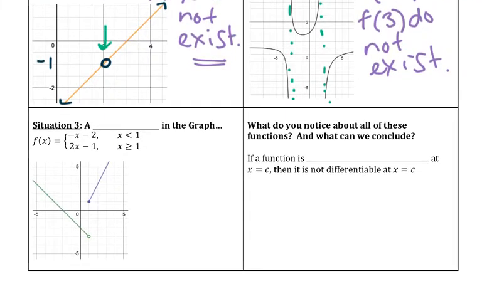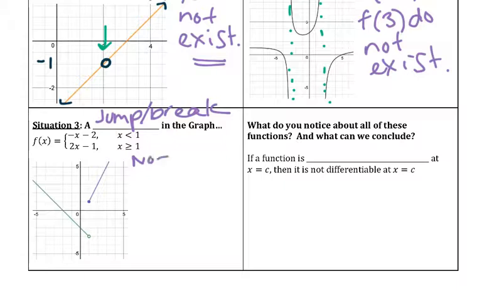All right, the next situation we want to think about is a jump or break in the graph. Okay, so here we've got this example. You can see we have two different pieces in this piecewise function. So why is this not continuous? It's not differentiable because it's not continuous.